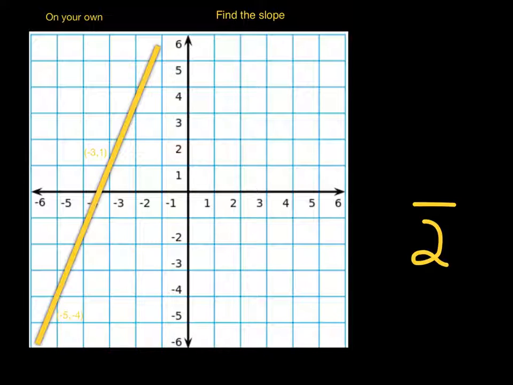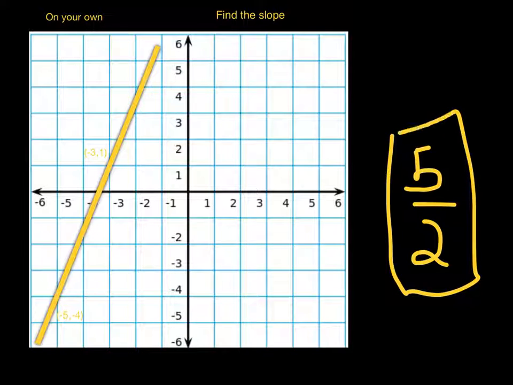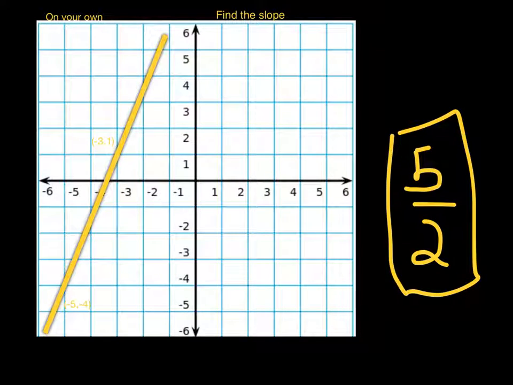Okay, and so my rise is going to be a 5. And that makes sense. So my slope is positive, and my line is also positive because it's sloping up from left to right. So I know that my answer is most likely correct.